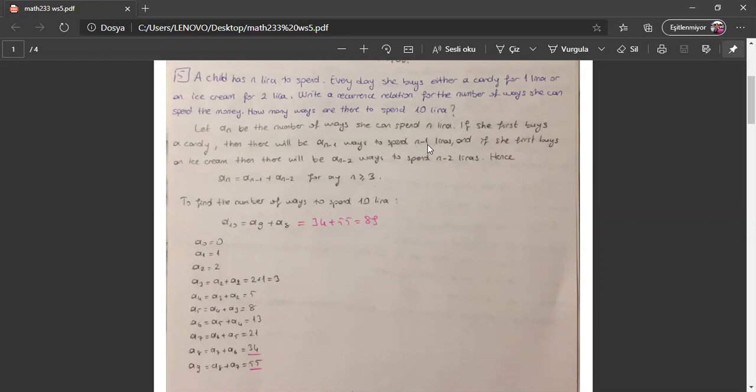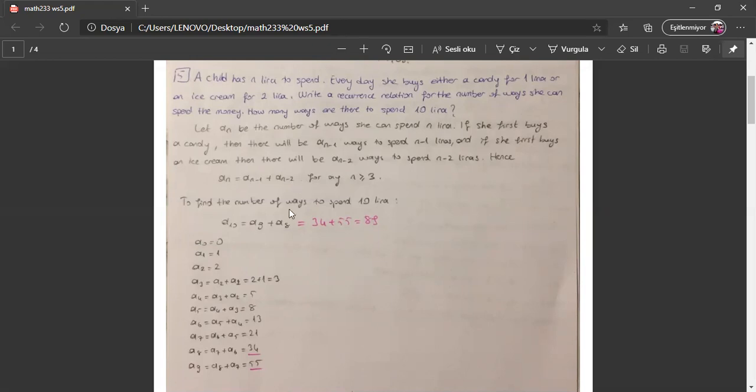And if she first buys an ice cream, then the remaining money will be n minus 2 liras. So the number of ways to spend that money is again a sub n minus 2. Hence, we obtain a sub n equals a sub n minus 1 plus a sub n minus 2.